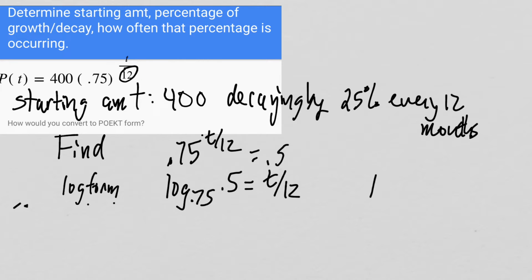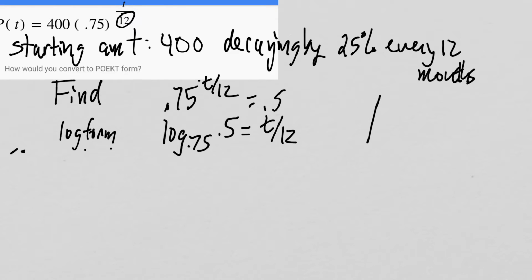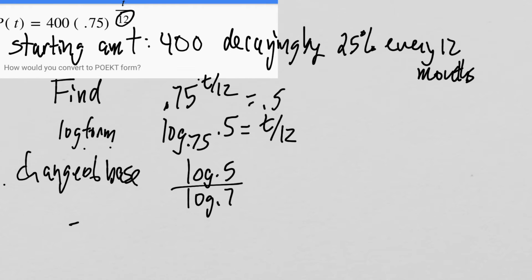Now I could take that, and I could change it to change of base form. Hopefully you remember that one, the change of base form, taking log of 0.5 divided by log of 0.75 to equal t over 12.